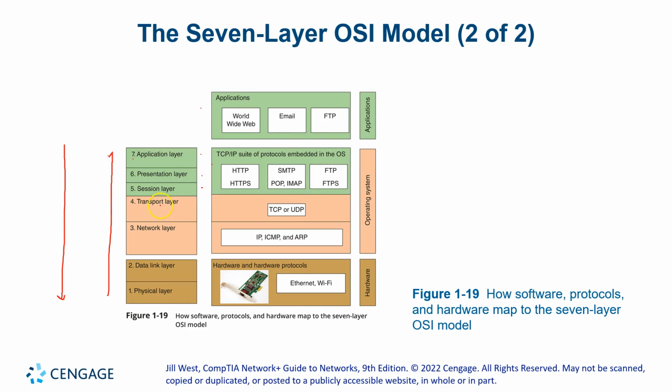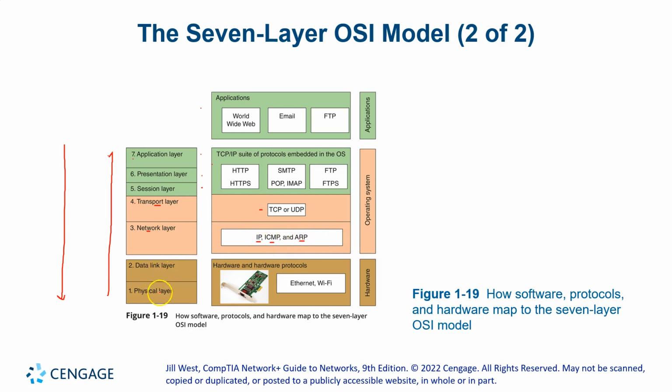Your transport layer and your network layer work together. Again, TCP and UDP we're going to talk about ad nauseum later. We're going to talk about IP and some of its, let's call them child protocols: Address Resolution Protocol and the Internet Control Messaging Protocol, ICMP and ARP.